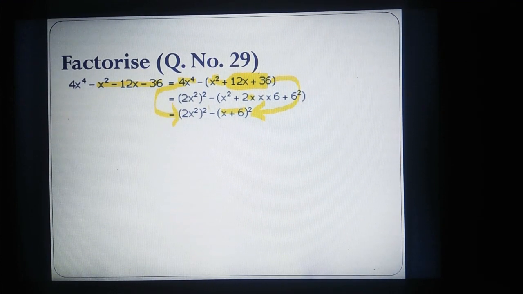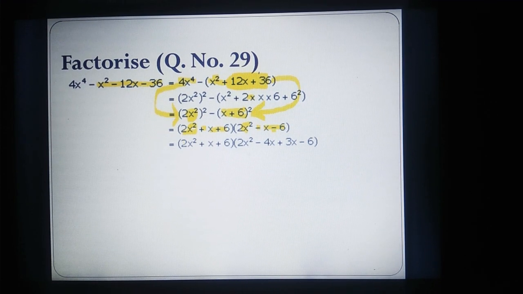So we have a square minus b square format. So this is my a, so a square minus this is my b, so b square. So a square minus b square is as usual a plus b, similarly this is a minus b. Okay, so after opening the bracket you will get minus out here.